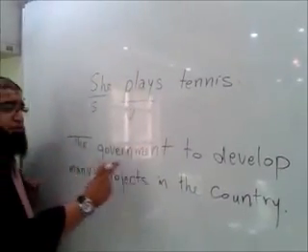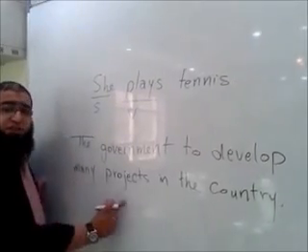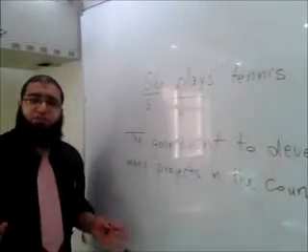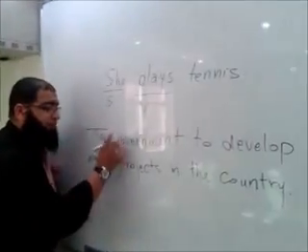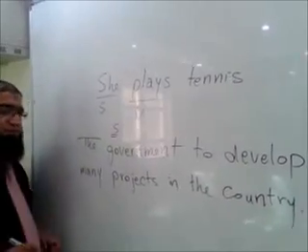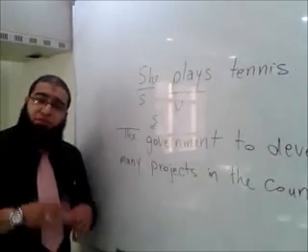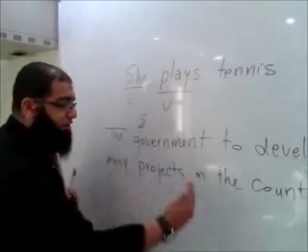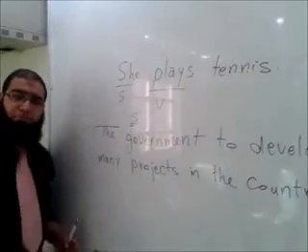The government to develop many projects in the country. Now we can say simply that the government is the subject. Now we have a subject here. But the main problem is that when we look at the sentence, we don't have a verb.